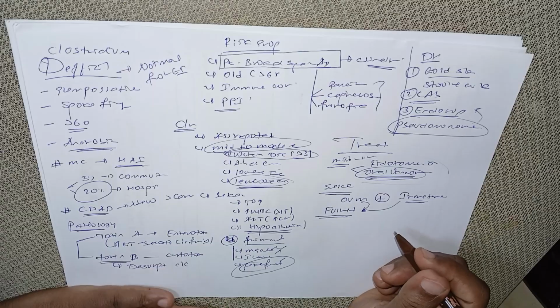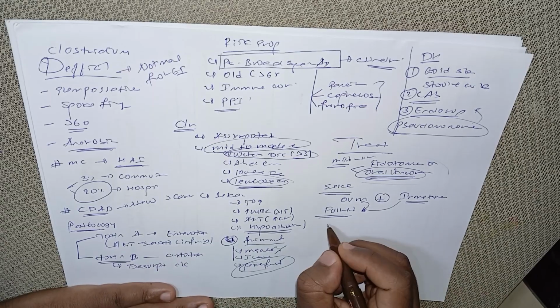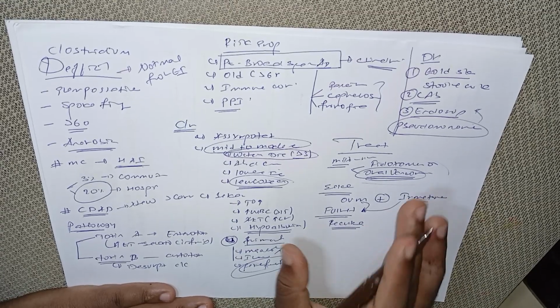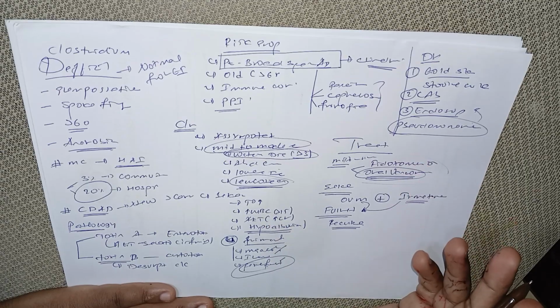The other most important point I would like to raise in the case of Clostridium difficile is its recurrence. Since it is normal flora, once you treat with oral vancomycin, the clinical presentation might reoccur. So we need to treat that also. How do you treat the recurrence?